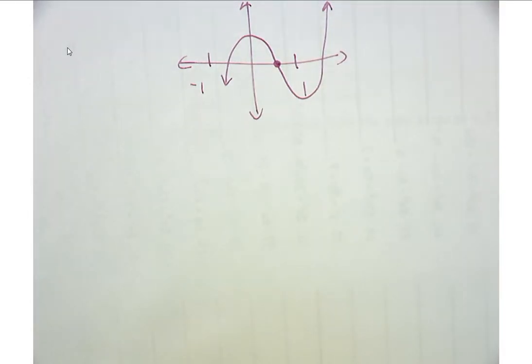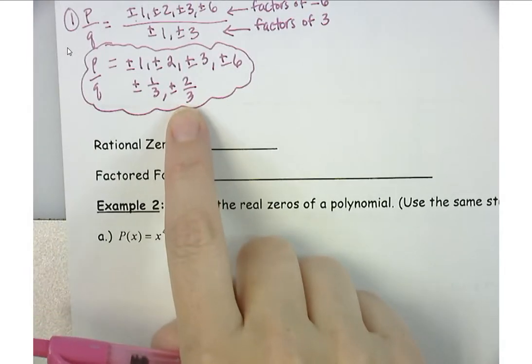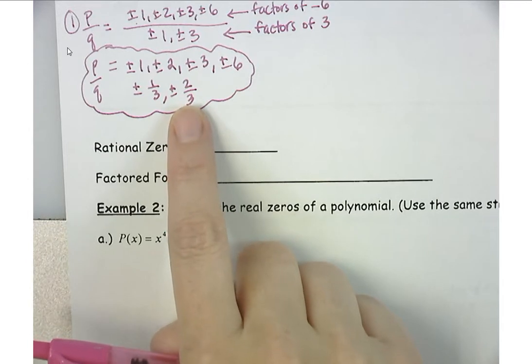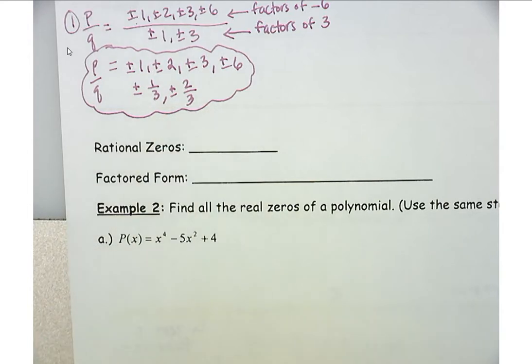Is that 2/3? Is it 1/2? Is it 3/4? But if you have a list that has all your possible rational zeros, then you can look at this and say, oh, 3/4 isn't a possibility, so I'm going to test 2/3. Does that make sense? Because 2/3 and 3/4 are pretty close together, 0.67 and 0.75. So that's where this list really is going to come in handy for us.